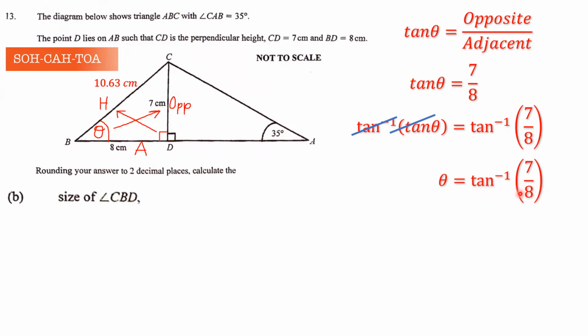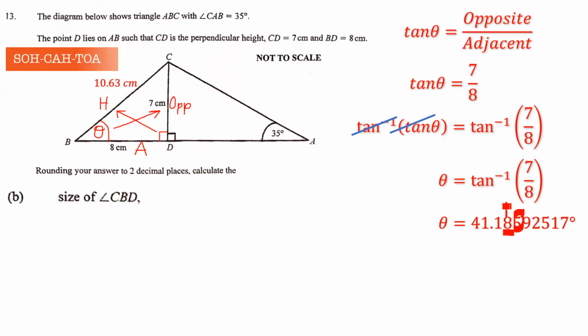Put that inside the calculator as is, and we get theta is going to be equal to 41.18592517 degrees. And since we wanted 2 decimal places, we're going to look at the underlined 8. We're going to circle the 5. Once it's 5 or greater, we could add 1.